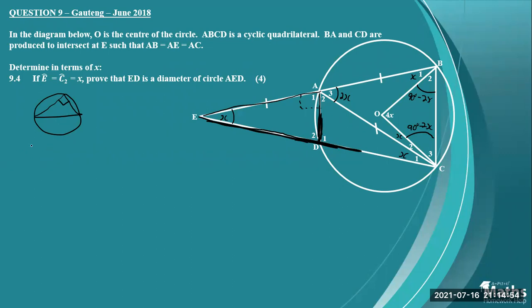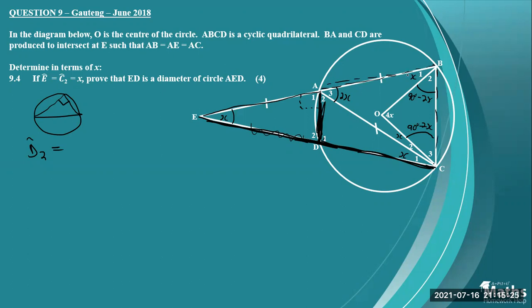So I can say that angle D2, I'm just randomly saying something. D2 will be equal to, think of the kite, because it's a cyclic quadrilateral. So that's the bottom section of your kite, and this is the tail of the kite, can you see? So the top section of your kite will be that part and this part.